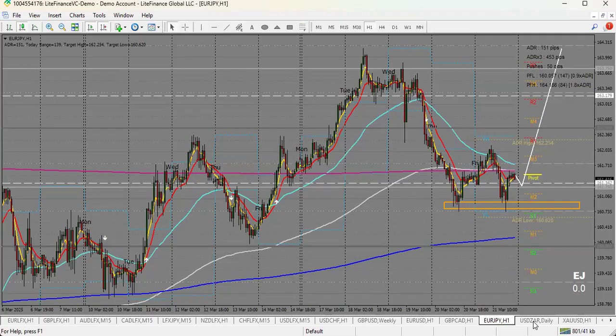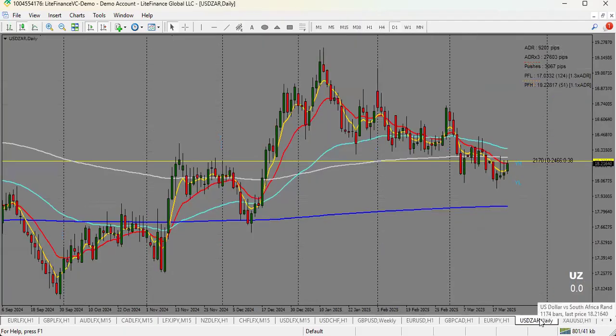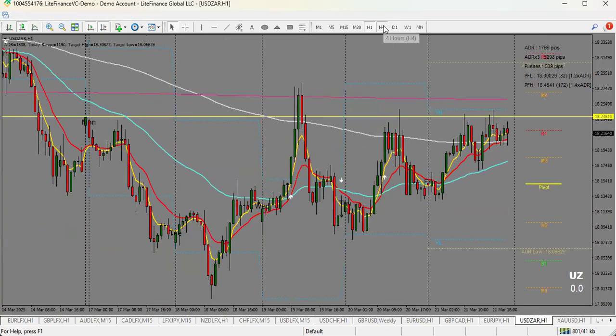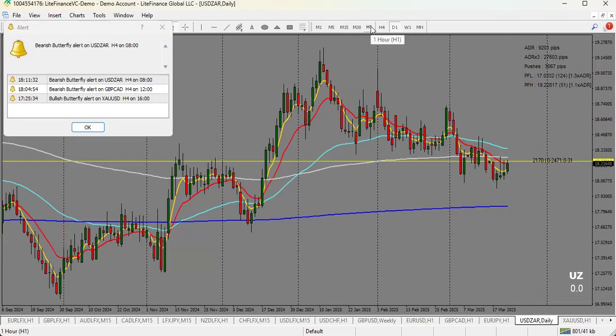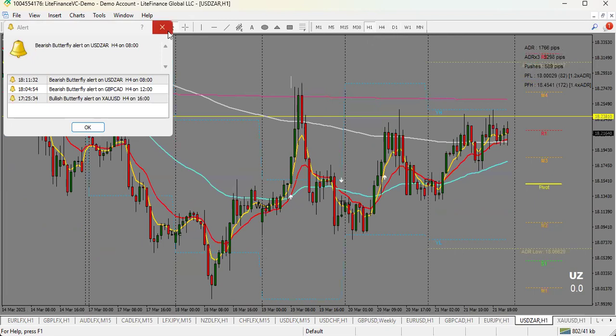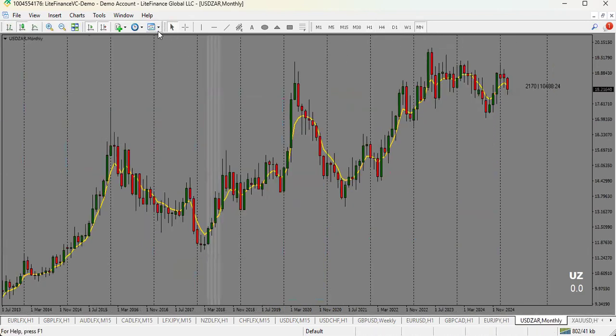Now, let's take a look at USDZAR. We have been hitting consistently here, trading USDZAR. It has been one of our good pairs. So this is the monthly time frame.